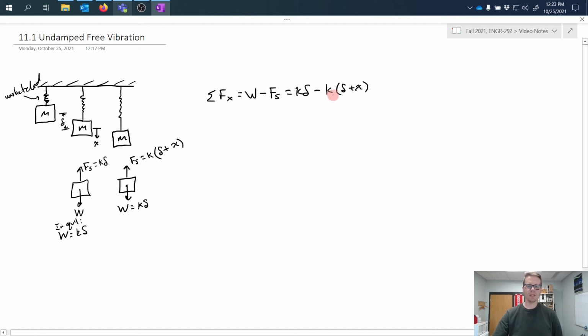And we can see from this that if we distribute the k through, we get a minus k delta and a minus kx. The k delta here is going to cancel with the minus k delta, and we're left with minus kx.